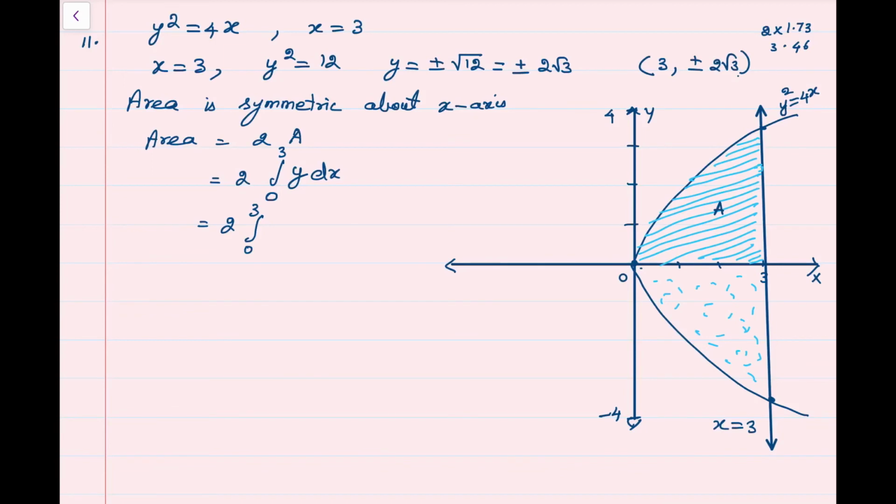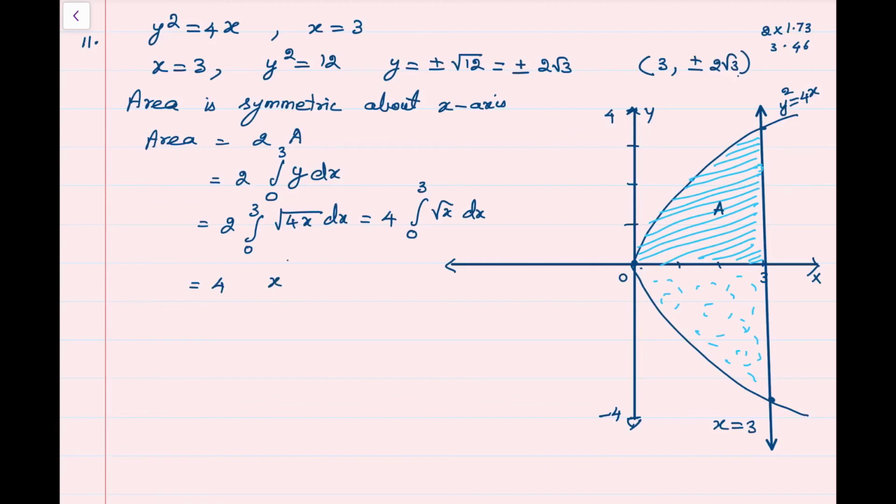Y from the parabola is root of 4x dx, which is 2 2s are 4, 4 times integral 0 to 3 of root x dx. Use x power n plus 1 by n plus 1 integration formula.